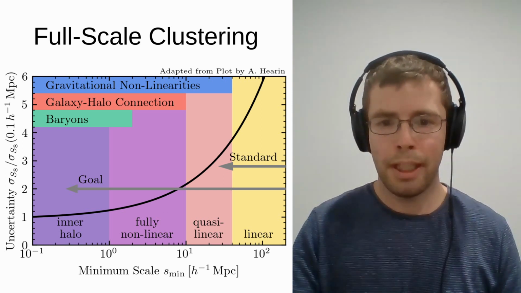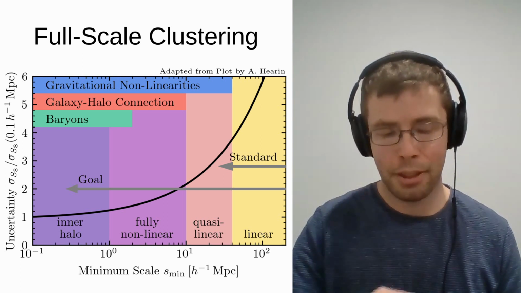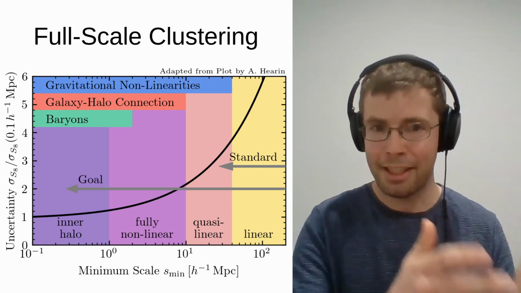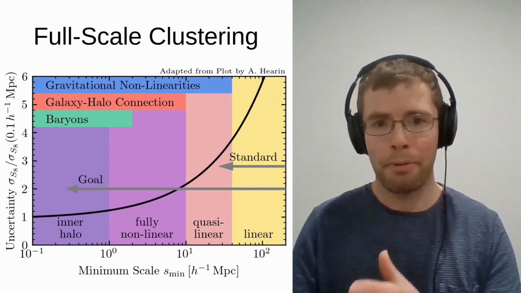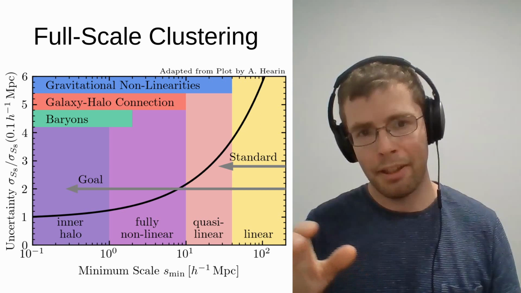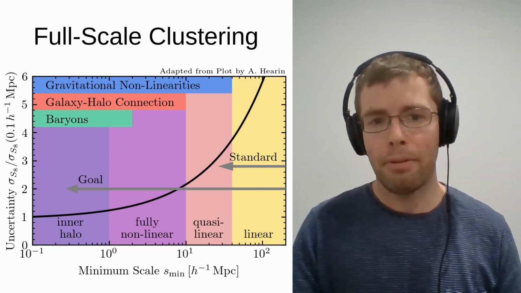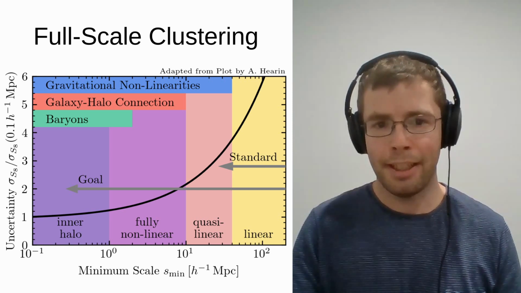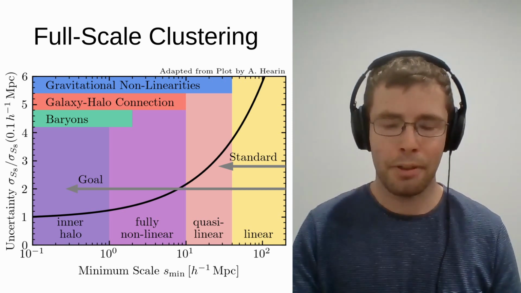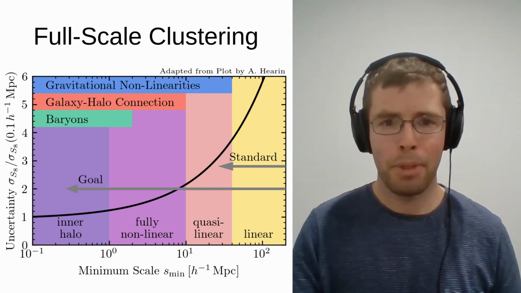Additionally, if we go down to scales of 10 megaparsec or smaller, we also have to worry about what exactly is the relationship between the galaxies we observe and the underlying matter field. A more precise relationship between the galaxies and the dark matter halos that host them, which is known as the galaxy-halo connection. And finally, if we're interested in analyzing the matter distribution on scales of a few megaparsec and smaller, we also have to worry about baryonic physics.